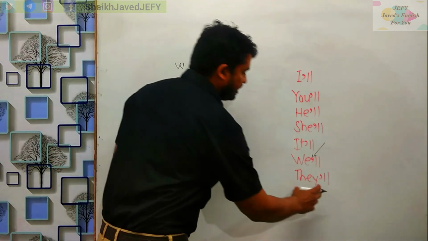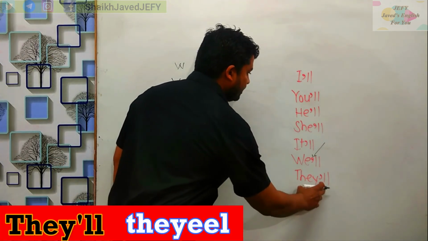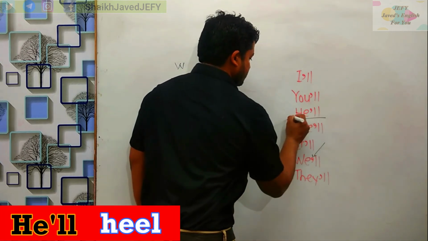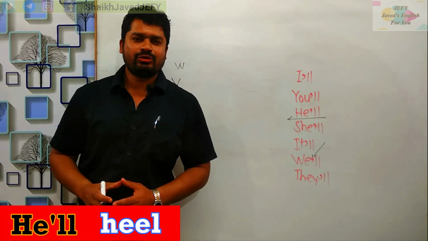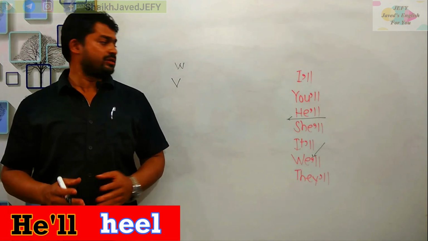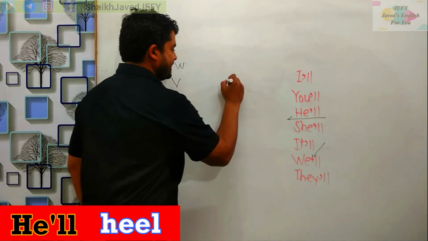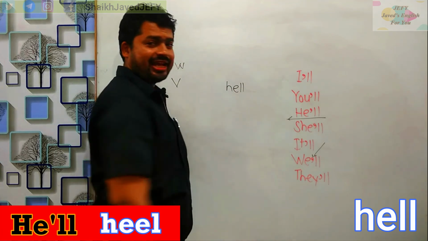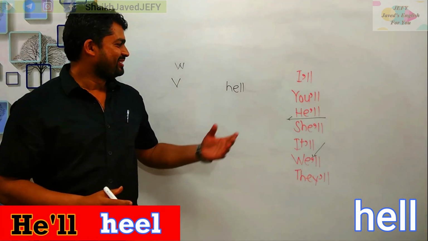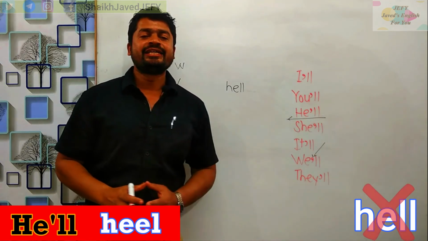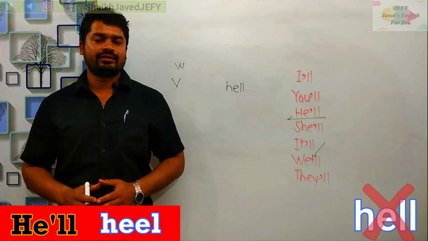And the last one, they'll. This was the word written once on the blackboard, and when I asked one of the students to read it, he simply said hell. Hell, the place where bad people go. So it's not hell, it's heel, like that.